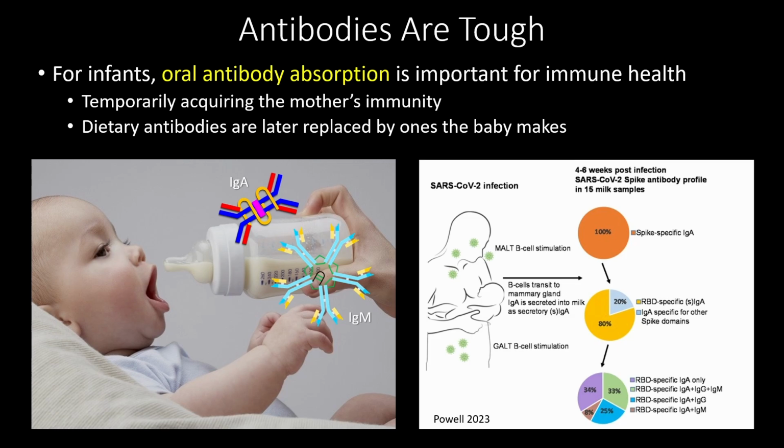By drinking breast milk, the antibodies will be secreted into the breast milk and then be digested and absorbed through the diet of the baby, and so they can acquire it that way, which is really neat. So, of course, later on, these antibodies that are dietary can be replaced by the ones the baby makes as they begin to mount their own defenses.